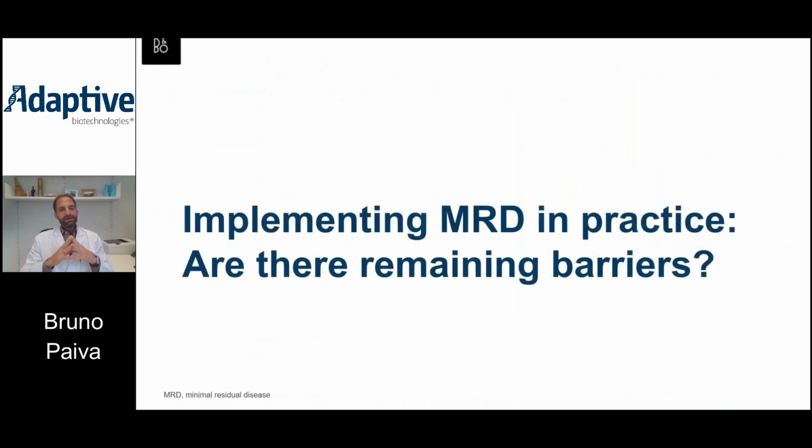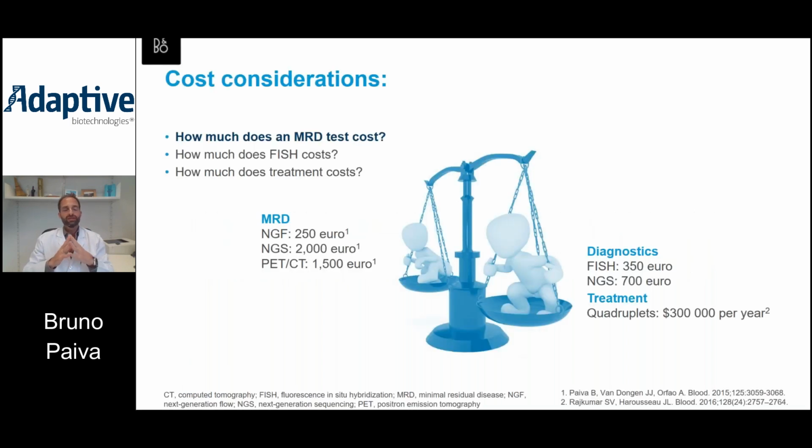Now, implementing MRD in routine practice, are there remaining barriers? And I think this is very interesting in light of the responses that were given before during the survey. Cost. Certainly, MRD assessment cost may vary according to the technique that you are using for MRD assessment.